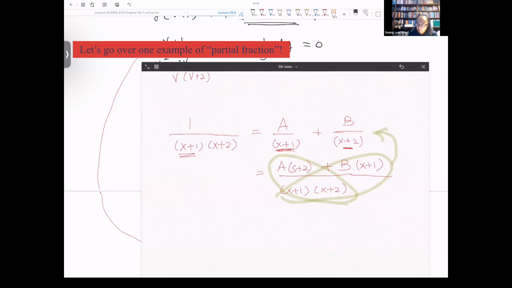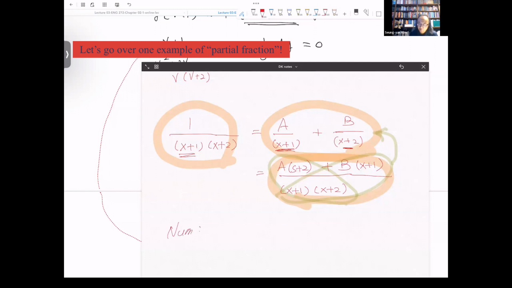If this equals this, then the numerators have to be equal. So now just looking at the numerator. The numerator for the left-hand side is 1, and for the right-hand side, we have a times x plus 2 plus b times x plus 1.